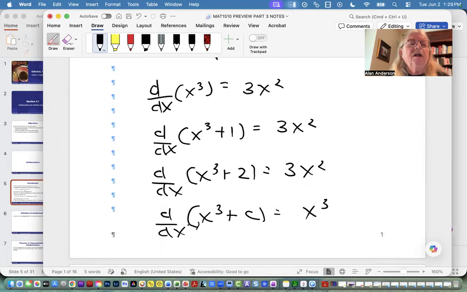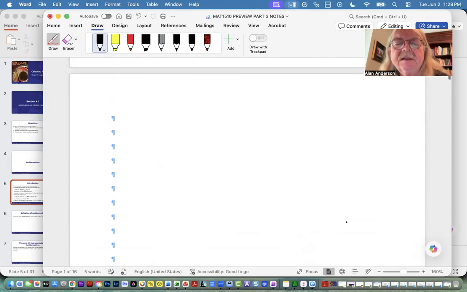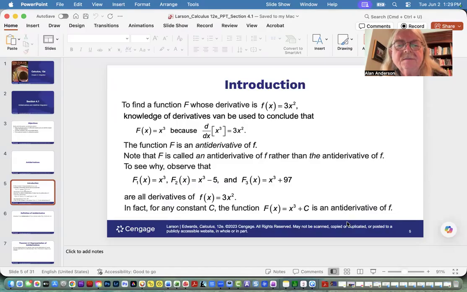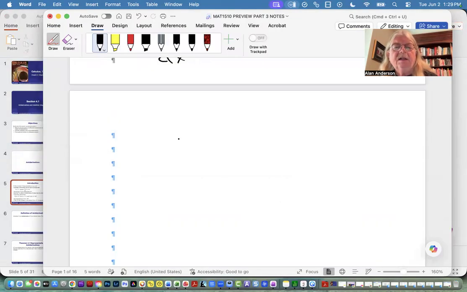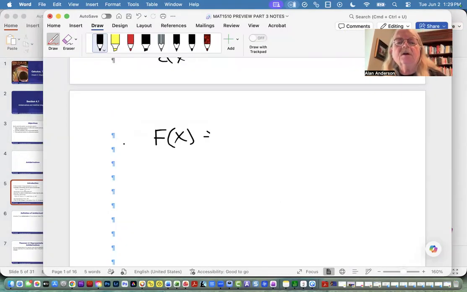Whichever one it happens to be, the derivative is going to be the same. It's going to be 3x squared, with a constant attached to it. So we could think of, in general terms, F of x as, instead of just x cubed, we're going to write it as x cubed plus c, where c could be anything, including 0.